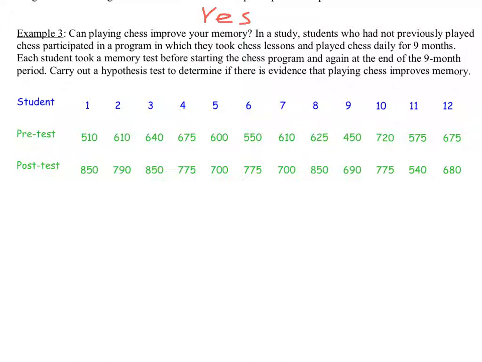Carry out a hypothesis test to determine if there is evidence that playing chess improves memory. So we're going to start with hypotheses. Our null hypothesis is going to be that the average difference is 0. And then our alternative.